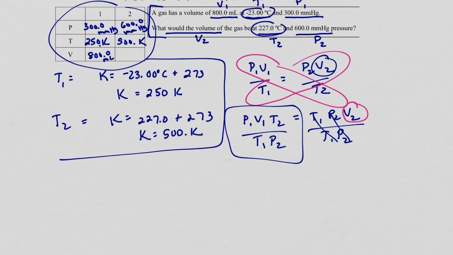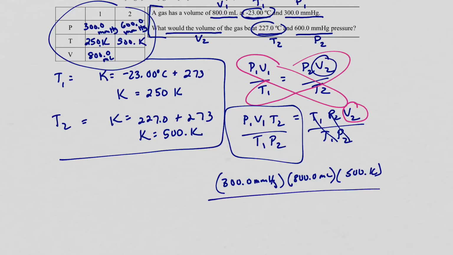So subbing those numbers in, P1 is 300.0 millimeters of mercury. V1, 800. T2, 500 Kelvin.